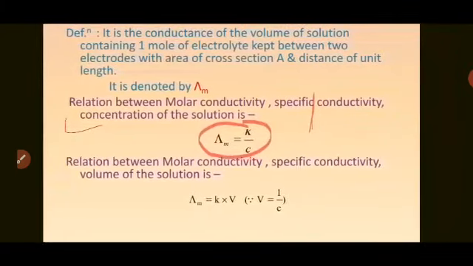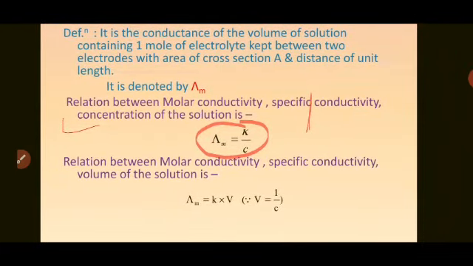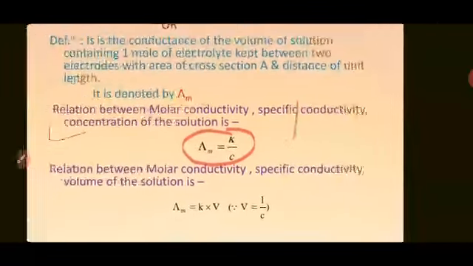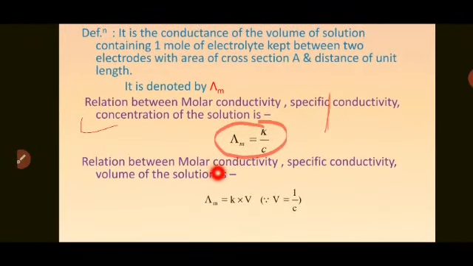Now the relation between molar conductivity, specific conductivity and volume of the solution: 1 by C is equal to capital V, that is volume. So we can replace the concentration term with volume. So lambda m is equal to K into V. These two relations are with concentration and volume.